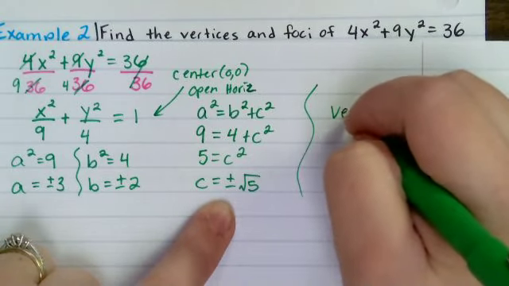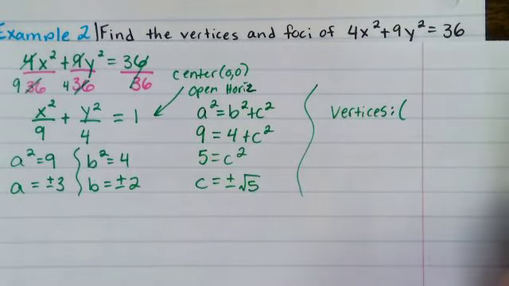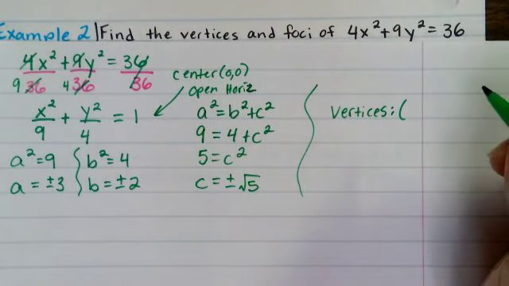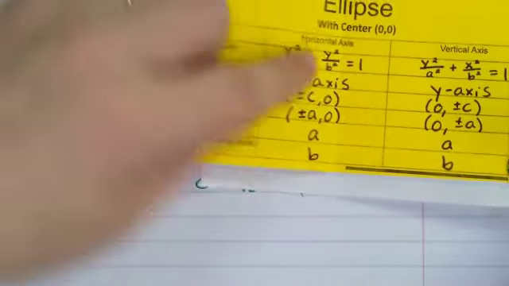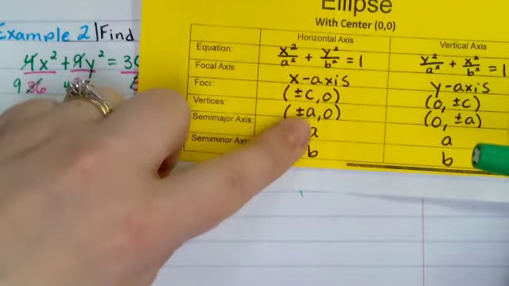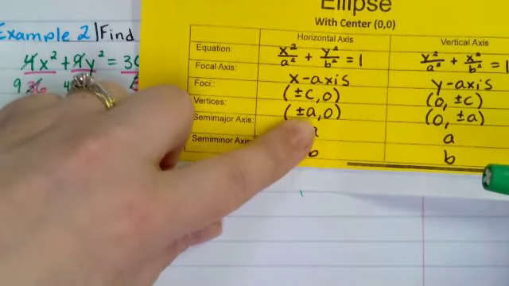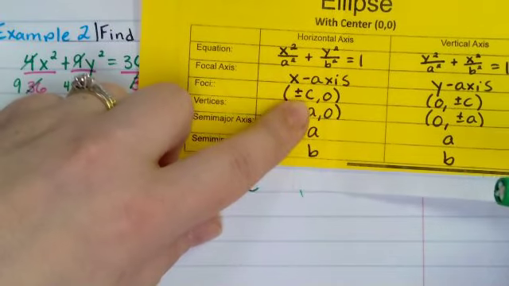For my vertices, okay, since my center is at 0, 0, it's pretty simple to give them. We had decided that this opened horizontally, and we're at 0, 0 for my center. So for my vertices, we've got plus or minus A, 0. And then for my foci, it's plus or minus C, 0.